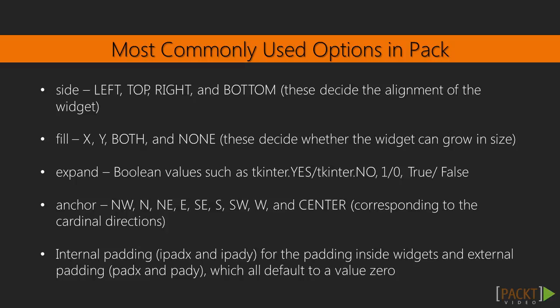Anchor: NW, N, NE, E, SE, S, SW, W, and CENTER, corresponding to the cardinal directions. Internal padding, ipadx and ipady, for the padding inside widgets, and external padding, padx and pady, which all default to a value of 0.